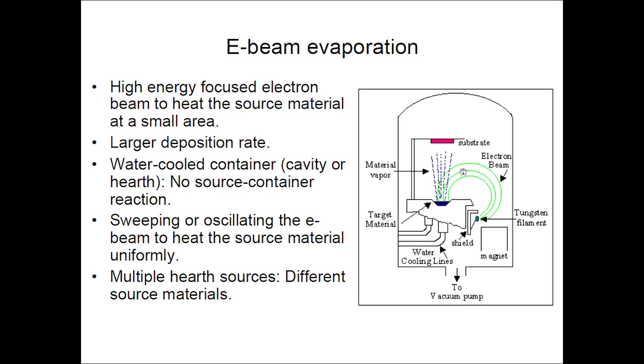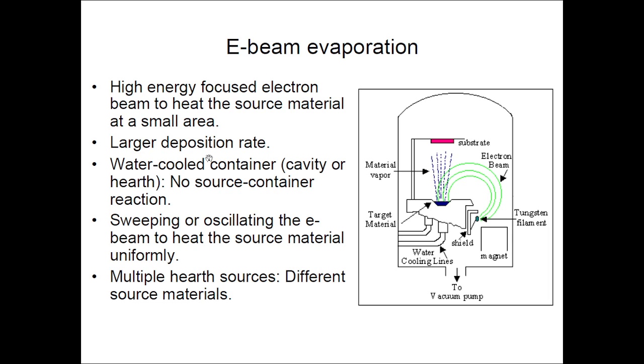So this will be able to deposit the sample on a substrate by heating with the electron beams. For that electron beam production we will be using a tungsten filament, so that it can ionize and give the electrons to pump to the target material or the source material.